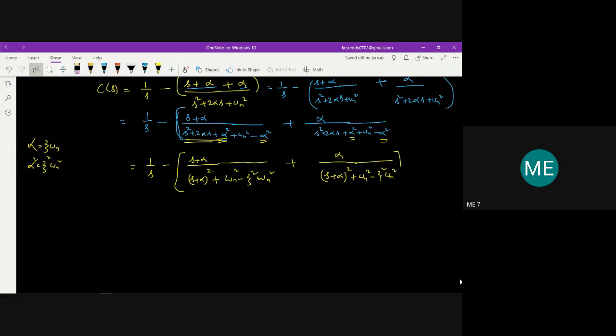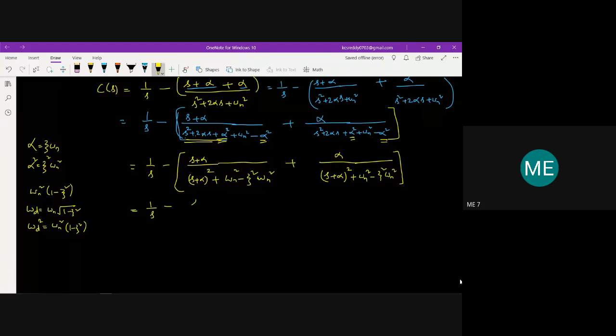Right? So now 1 by s, and here, if you look at omega n square and 1 minus zeta square, we know that omega d is equal to omega n into root of 1 minus zeta square. If I square both sides, omega d square is equal to omega n square into 1 minus zeta square.